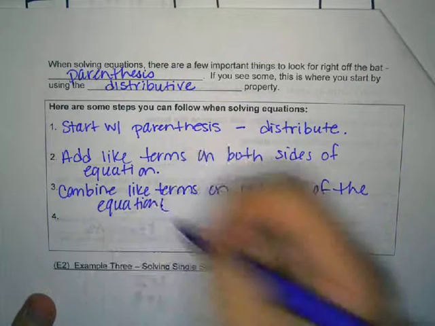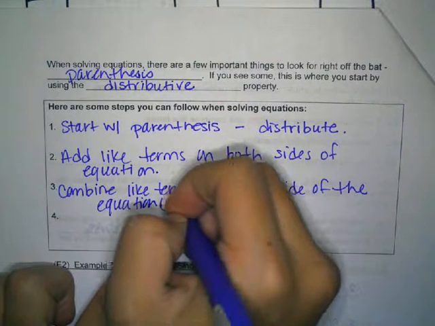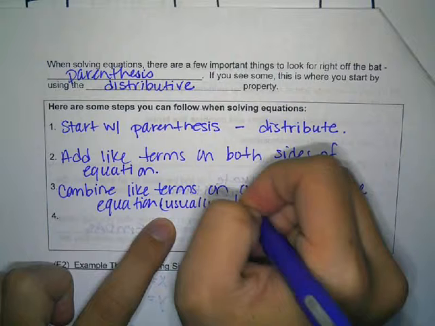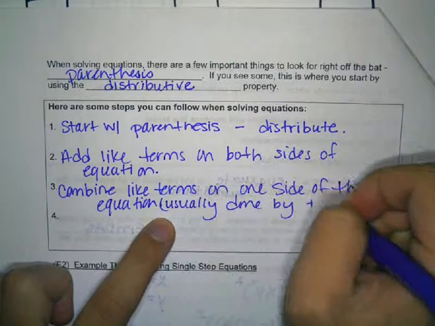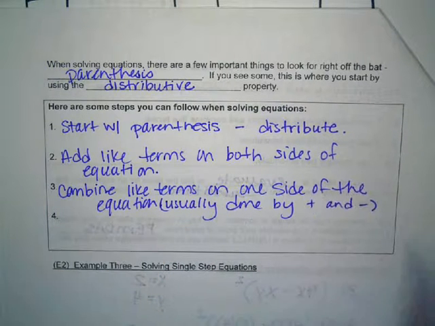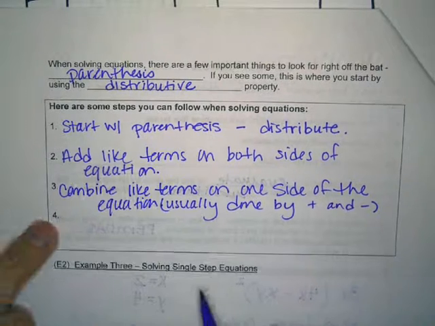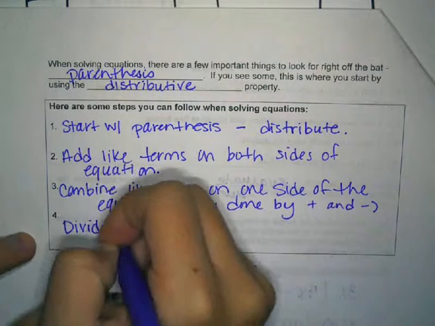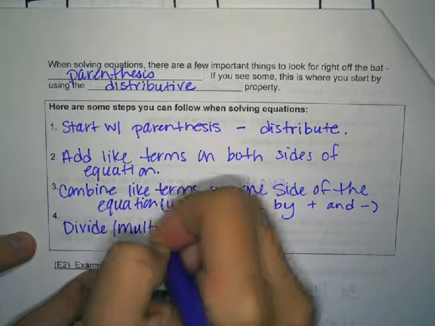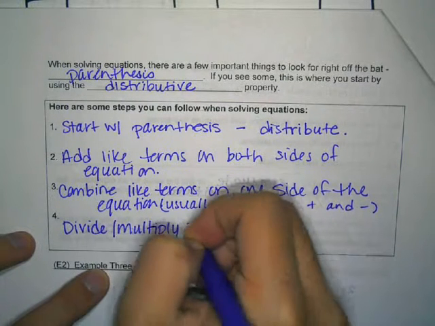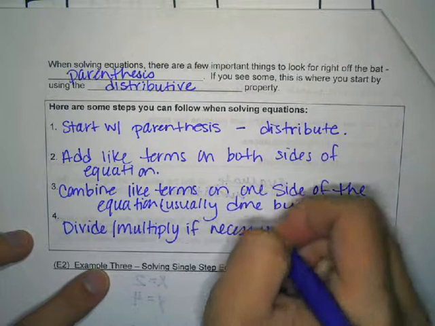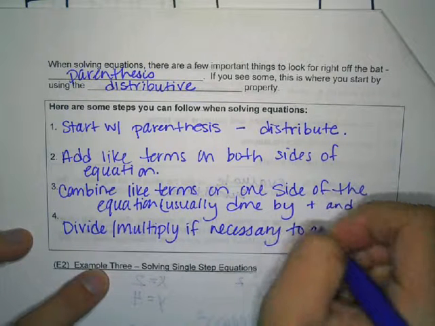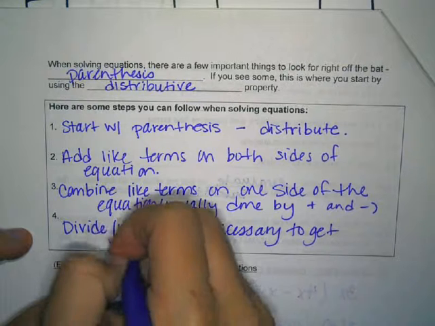And I'll put in here that this is usually done by adding and subtracting. Remember, the order of operations still applies here. And then the final step here, divide or multiply if necessary to get the variable by itself.